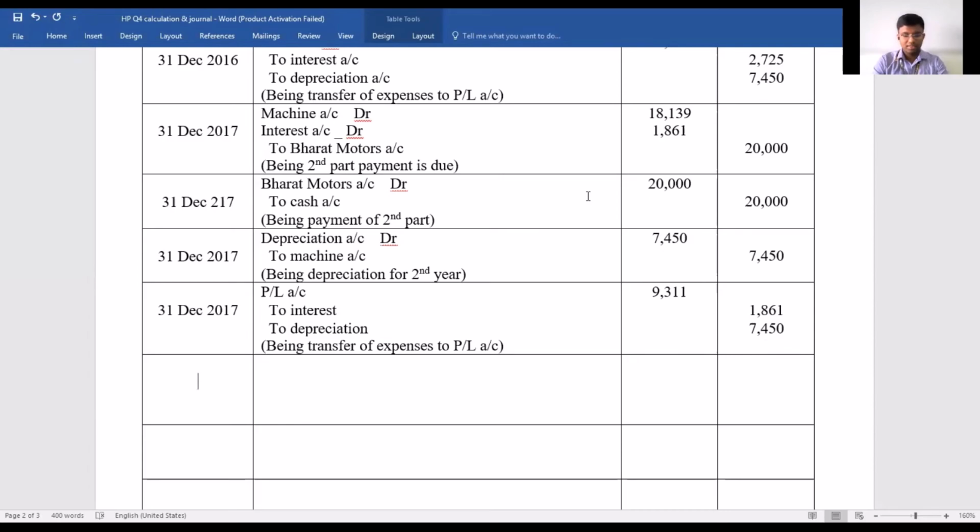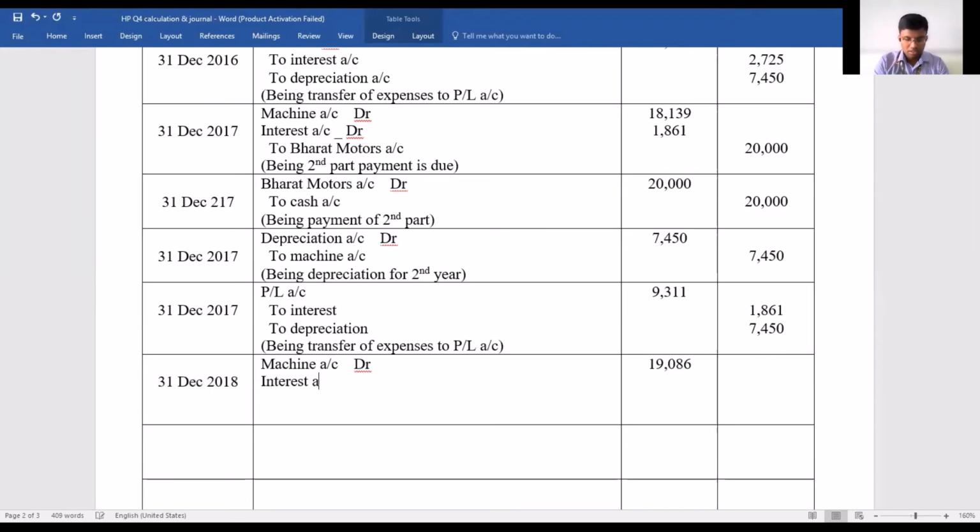Now we are moving to the next year, which is 2018. So in 2018, the first entry would be for part payment is due, machine account debited. The amount would be 19,086.